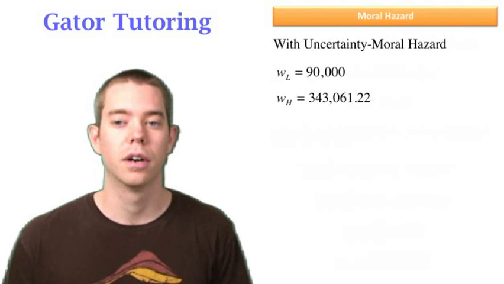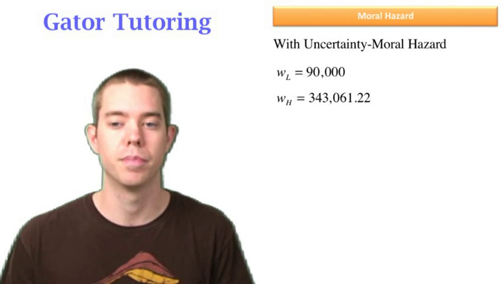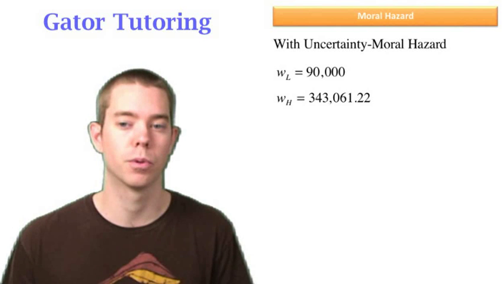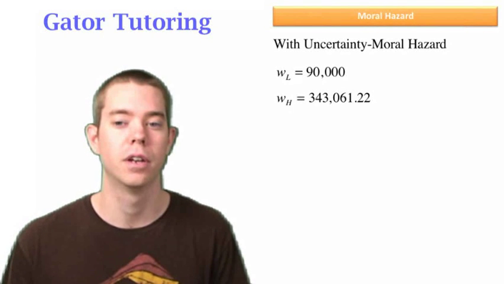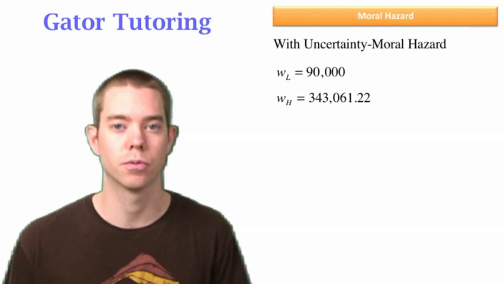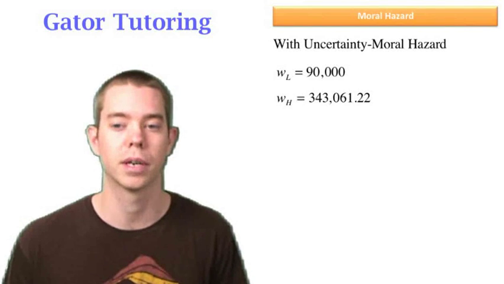So now we need to figure out what is the expected wage of this employee, of this manager. Well, we know that if we have low profit, we're going to pay him $90,000 because we'll pay him the low wage. If we have high profit, we're going to pay him $343,000 roughly because we had high profit. We'll pay him the high wage. How do we figure out our expected cost to the firm, which is the manager's expected salary?